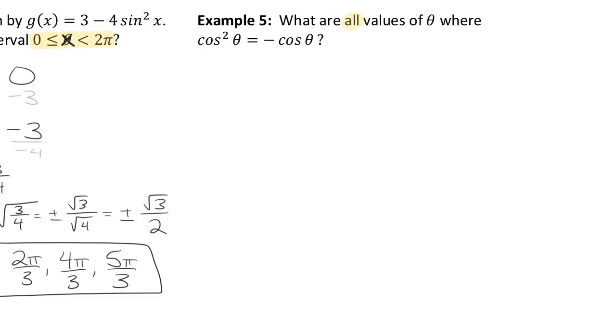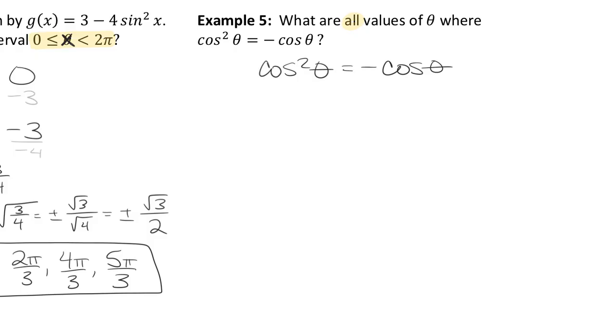The question here is starting to solve cosine squared of theta equal to negative cosine of theta. Remember, theta is like an x. You can't just switch it to an x because that's not what the problem is using. The problem is asking you for theta, specifically an angle, not a variable x, so leave it as theta. But I see already that this is a squared term, and my spidey senses from when I took algebra or the fall of this class with polynomials is telling me that I should put everything on the same side of the equation to set it equal to 0.